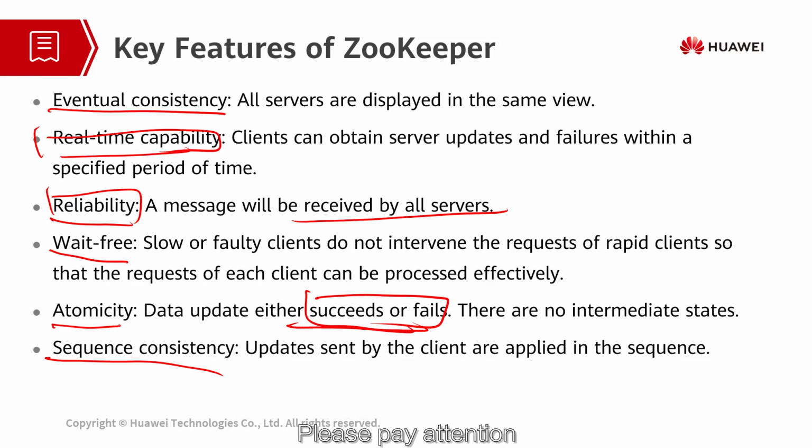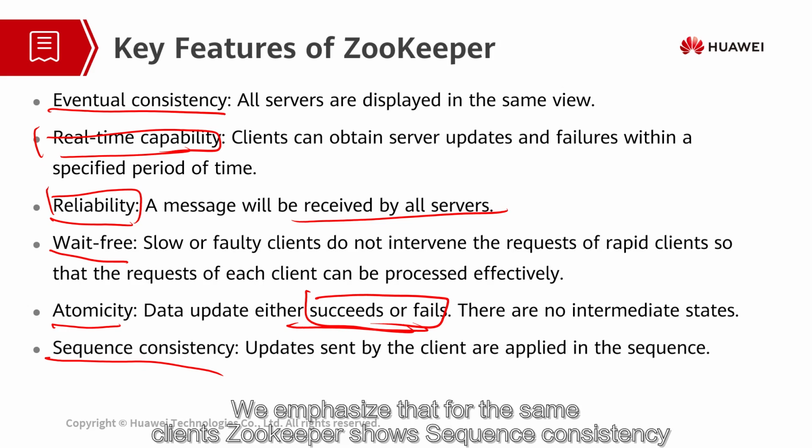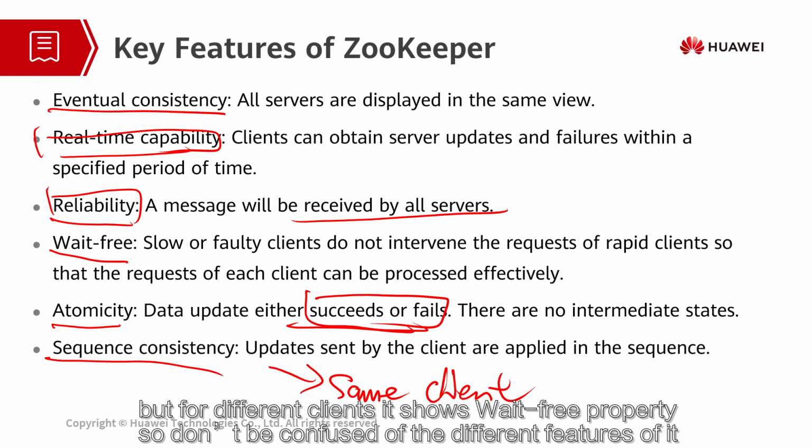Please pay attention. We emphasize that for the same client, ZooKeeper shows sequence consistency. But for different clients, it shows wait-free. So don't be confused by the different features of it.